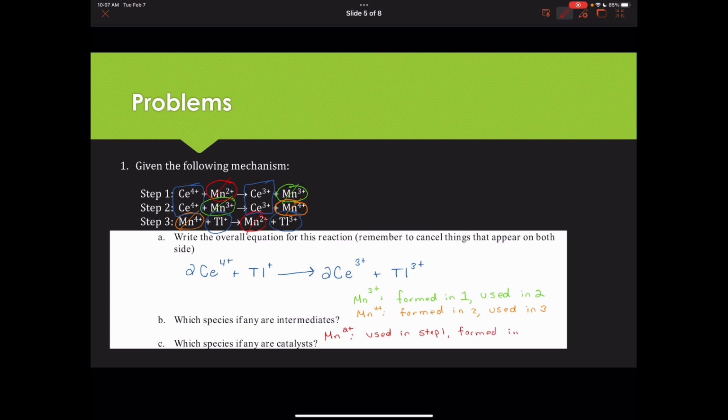So we didn't use it up. We put it in. It went through a couple of changes, but then it came back to its original self, so we got that Mn2+ exactly back as it was. And so it's not being used. So that Mn2+, we used it in step 1. It reformed in step 3.